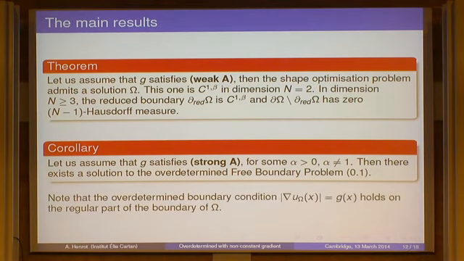And obviously, my overdetermined condition is satisfied in general in n dimensions only on the regular part of the boundary. I can write the equality gradient of u equal to j only for x which are on the regular part of the boundary. But the other part is of zero measure, so I don't care.